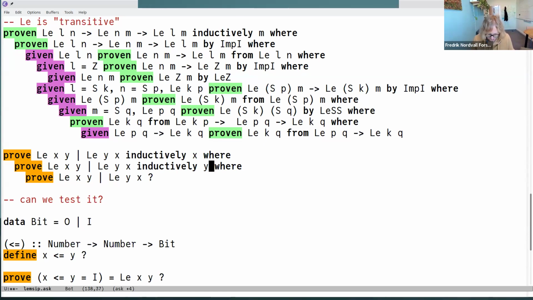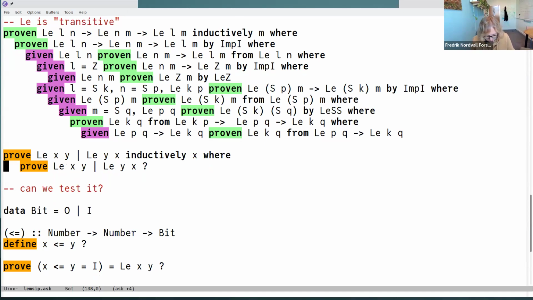So it is going to cost me something. I actively don't want to do a second inductively. If I was just exploring things, I would do it just in case, but I want not to run into technical problems. It still remains the case that I could just as well have done inductively y here, right? Absolutely. The goal is very symmetric in x and y.